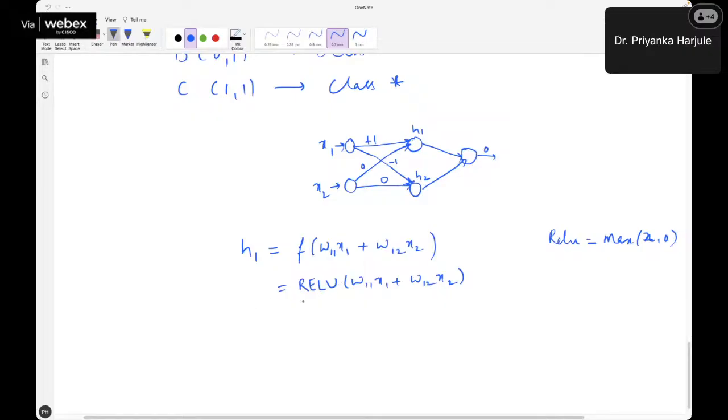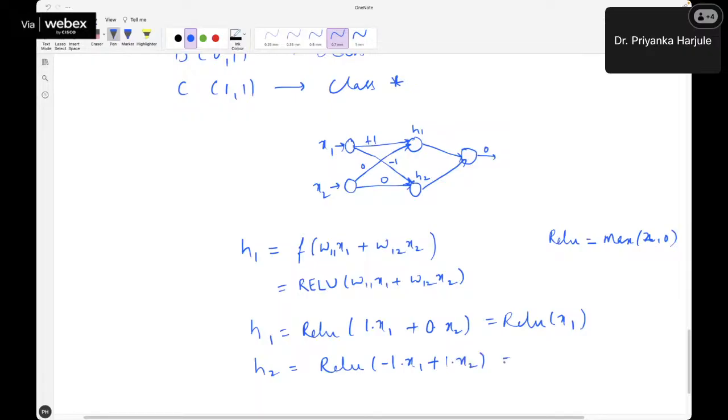How? With this, you get H1 to be a ReLU of 1 times x1 plus 0 times x2, which is a ReLU of x1. H2, on similar lines, you get -1 times x1 plus 1 times x2, considering the weights that we have assumed. So that is a ReLU of minus x1 plus x2.